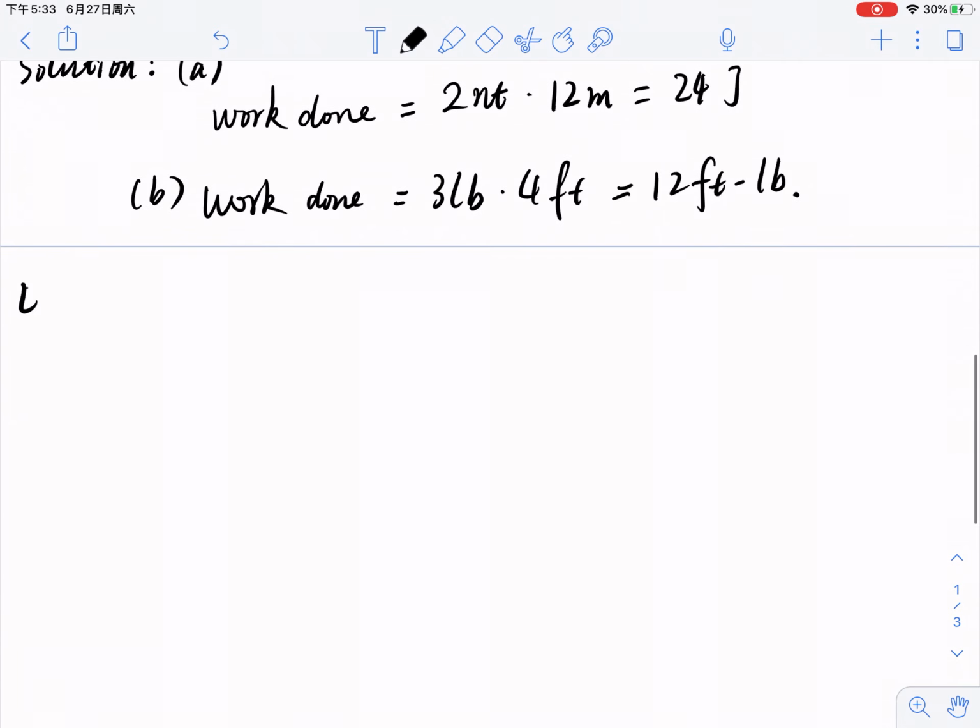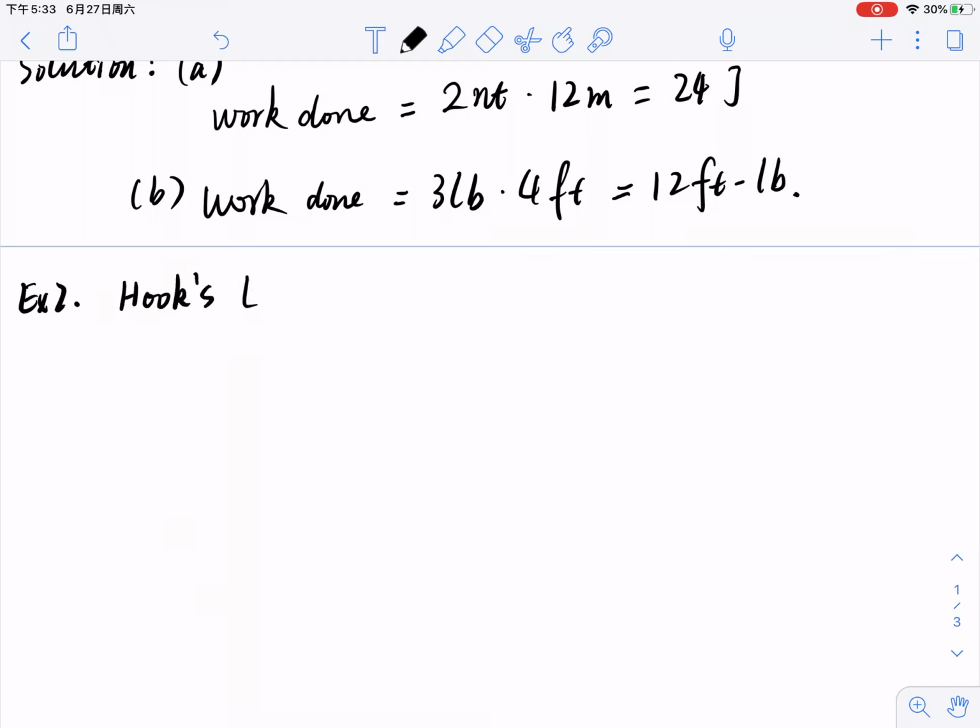The second example, we look at a case when the force is not a constant. Instead, it's a function of the variable x. Example 2.